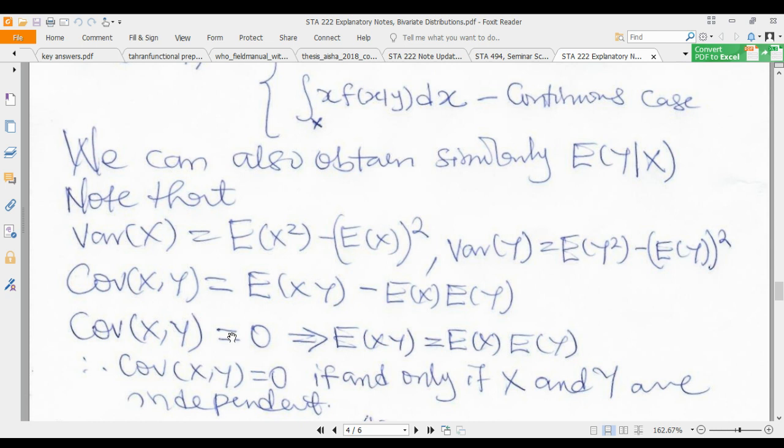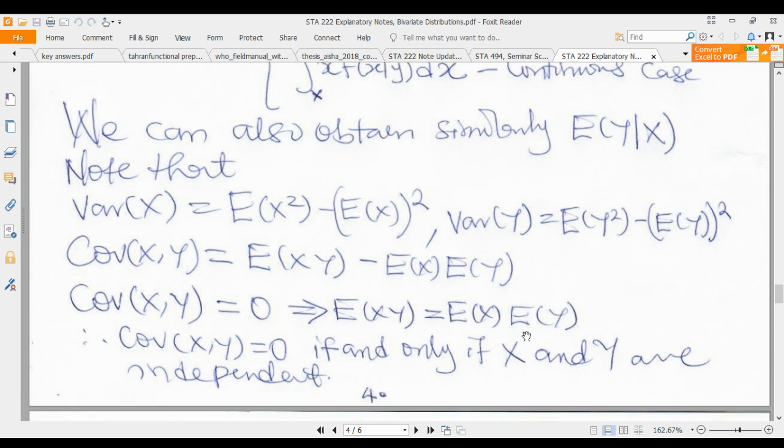We should take note that the variance of x is the expected value of x squared minus the expected value of x, all squared. The variance of y is similar, and the covariance is the expected value of xy minus the expected value of x times the expected value of y. The covariance being equal to 0 implies that the expected value of xy is the same thing as the expected value of x times the expected value of y.